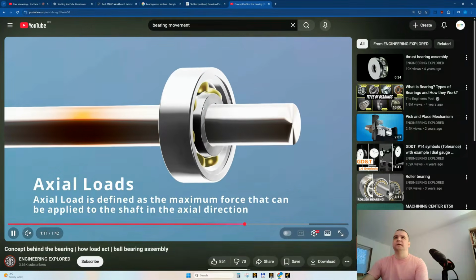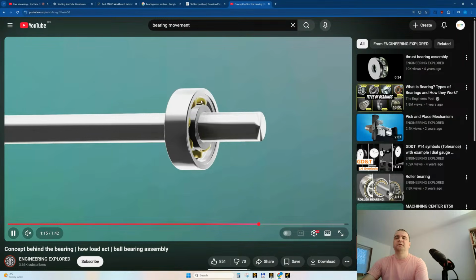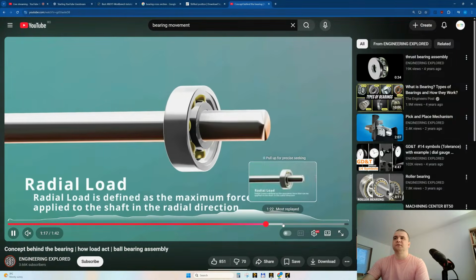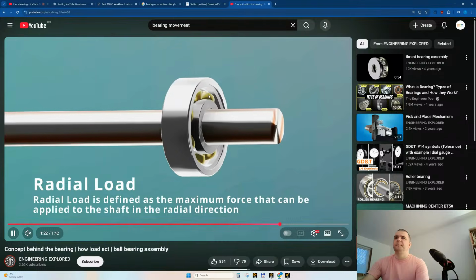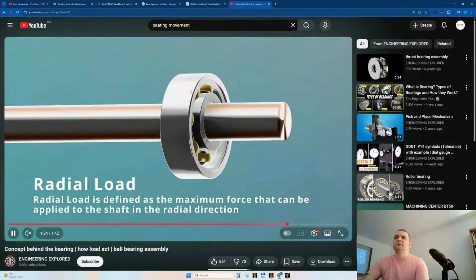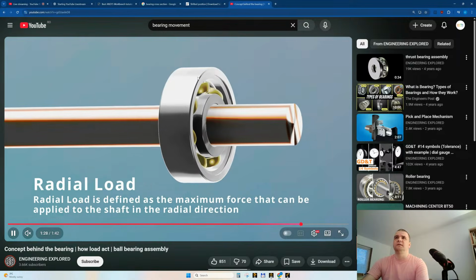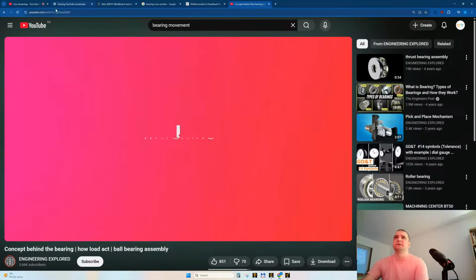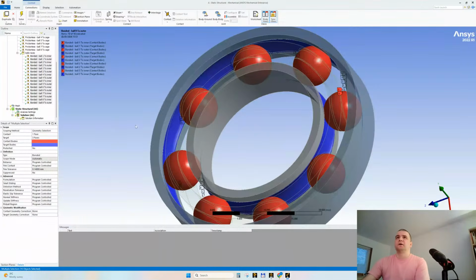So the races rotate, but the balls are not necessarily supposed to rotate. The balls are like a small support. They sustain the gap between the races, let's say. I hope you understand what I'm saying. I'm preparing the excuse for using frictional contacts.